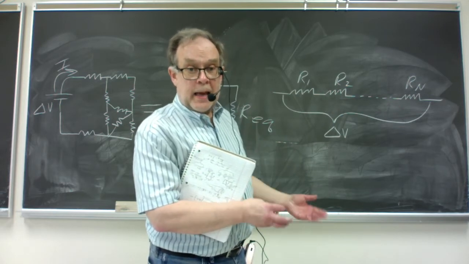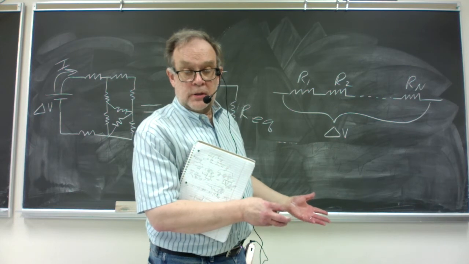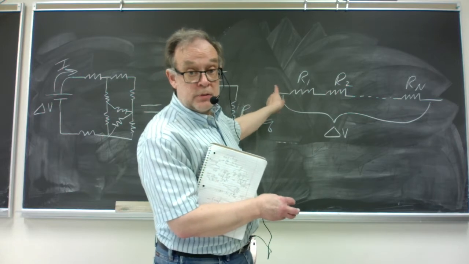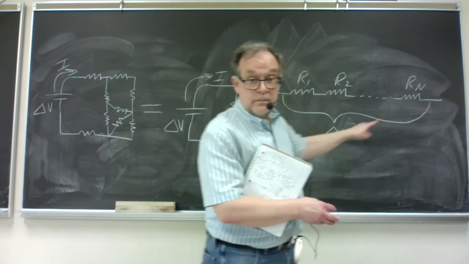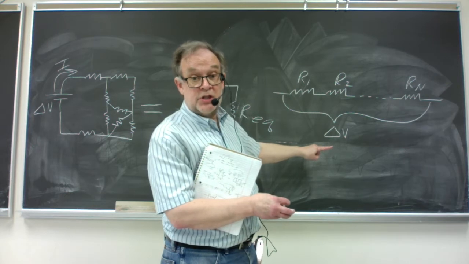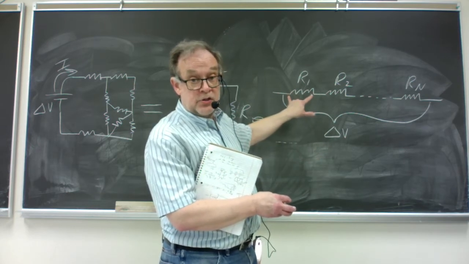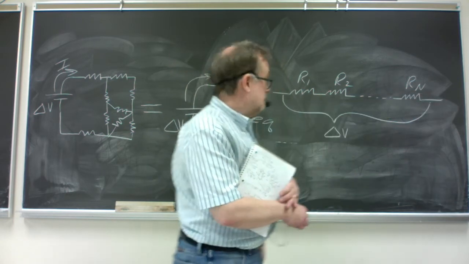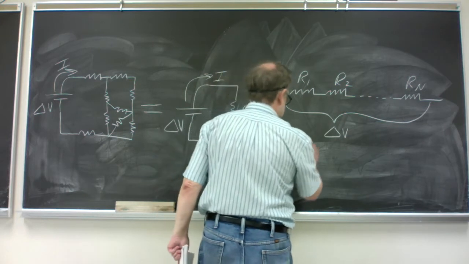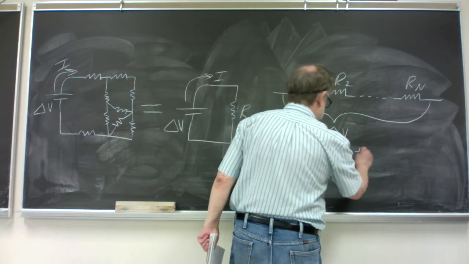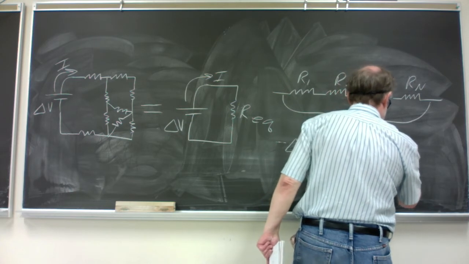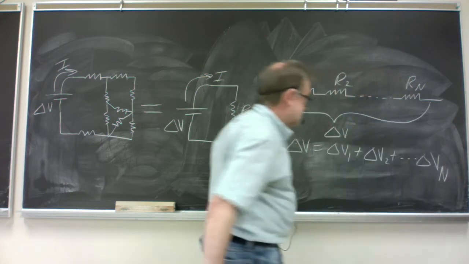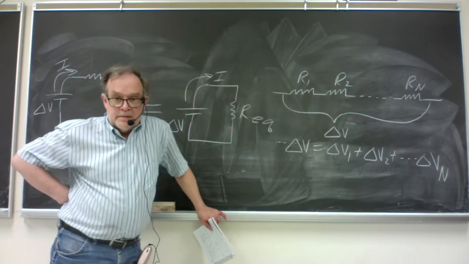So that when you add up all of those decreases in potential, the grand total potential difference between here and here is just the sum of this potential difference plus this one plus all the other ones. Like that.